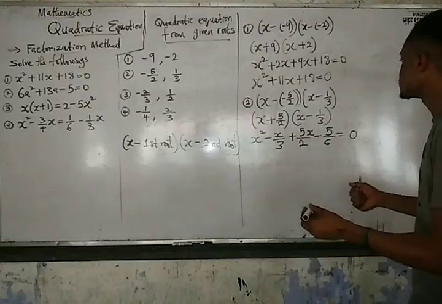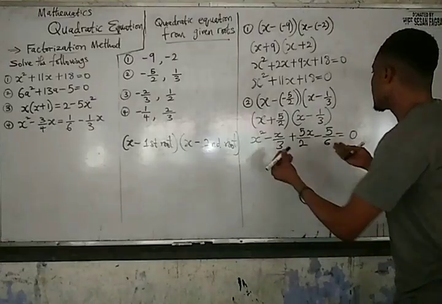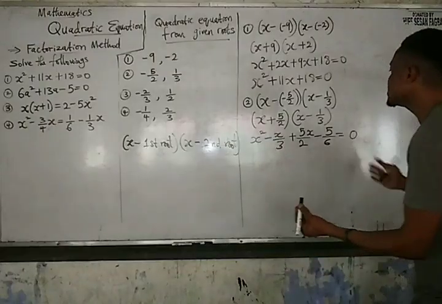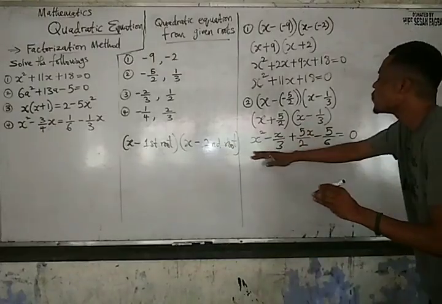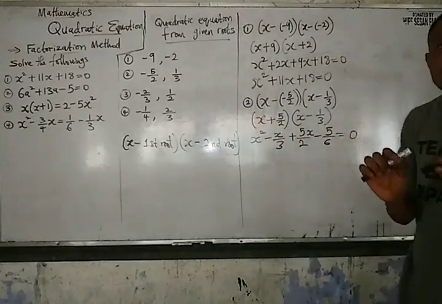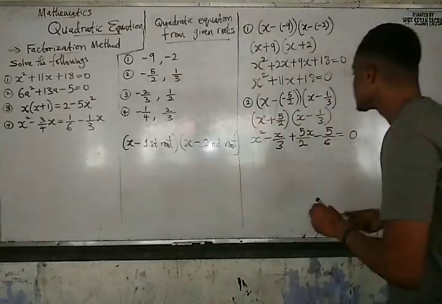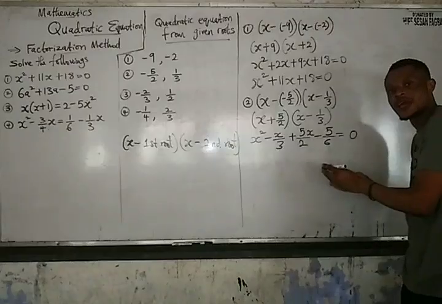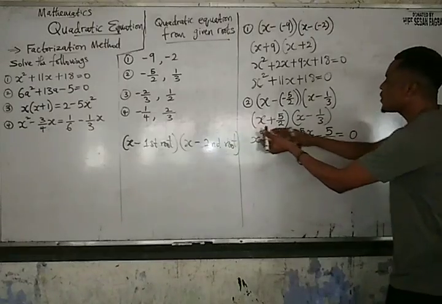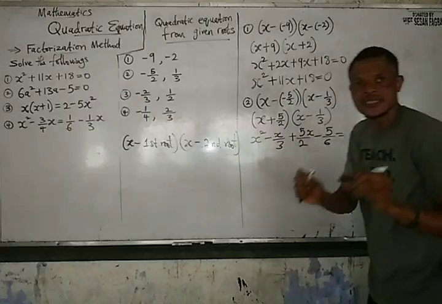Now from here, we work on this. Everything here is in fraction, so we can find the LCM of everything and multiply it by the numerator in order to stop it from being a fraction. The LCM of what we have here is going to be 6. So upon having it as 6, we are going to multiply all the numerators by 6.